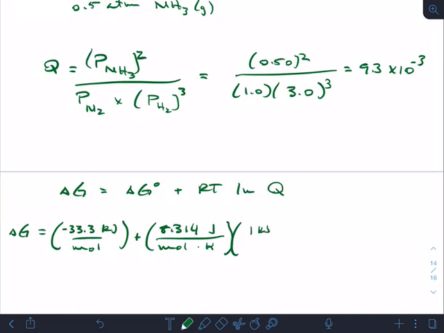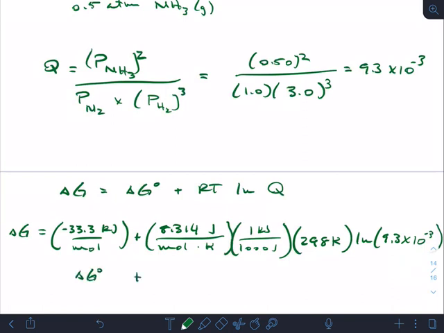Notice that my units don't match. I've got kilojoules for the delta G standard, and joules for my gas constant, so I'm going to convert that gas constant to kilojoules real quick. 1 kilojoule is 1,000 joules, times my temperature, that's the RT part, times natural log of 9.3 times 10 to the minus 3.